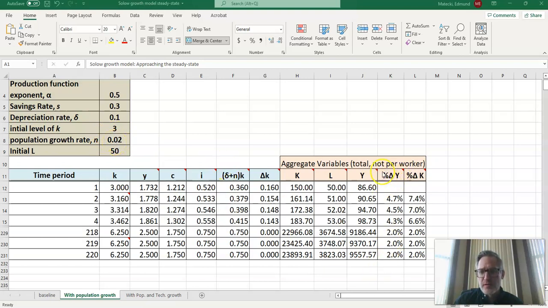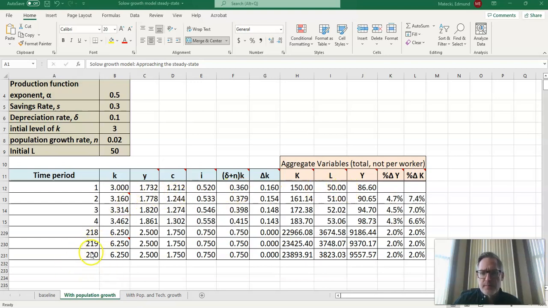The same is true of aggregate output, big Y here. So again, initially it's growing more quickly, but then settles on a growth rate of 2%, which is equal to the population growth rate. So even in steady state, the output and capital stock are both growing at the population growth rate N. It's also interesting to note that we're talking about a long time period here.